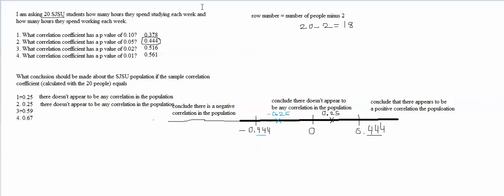What about negative 0.59? That's actually out here somewhere. It's in this left area. Remember, these are the cutoff points.